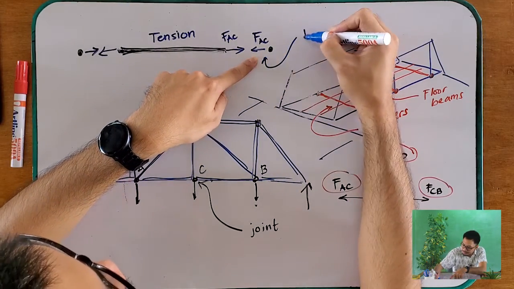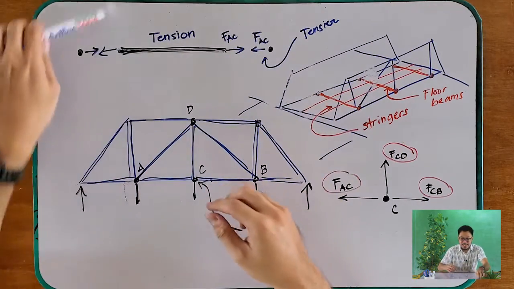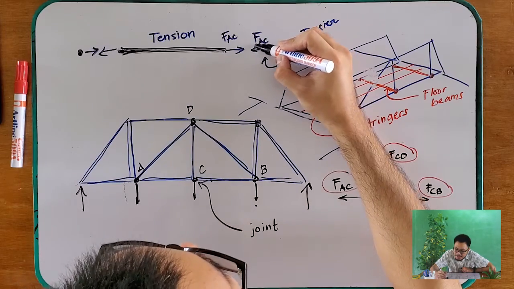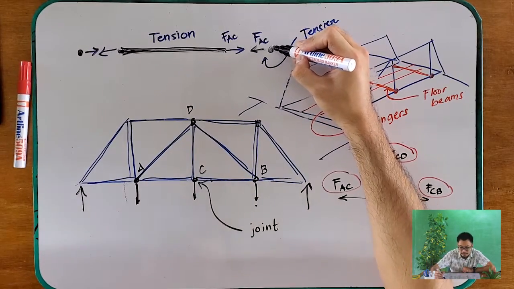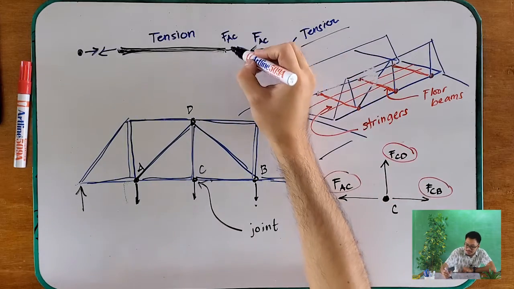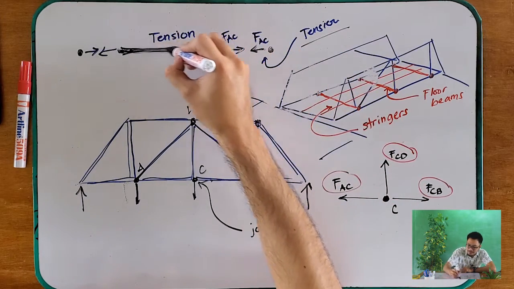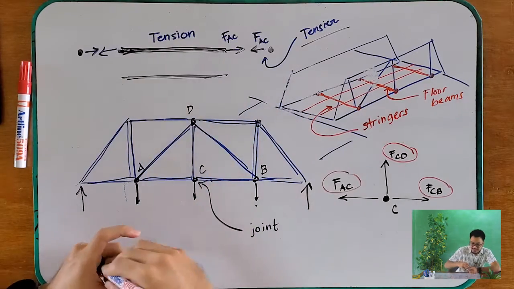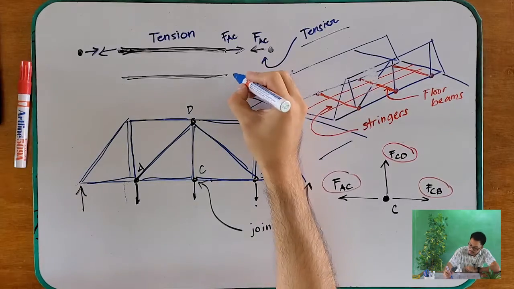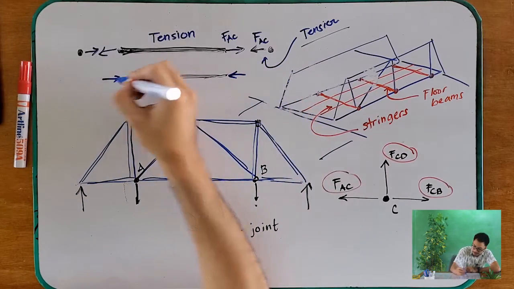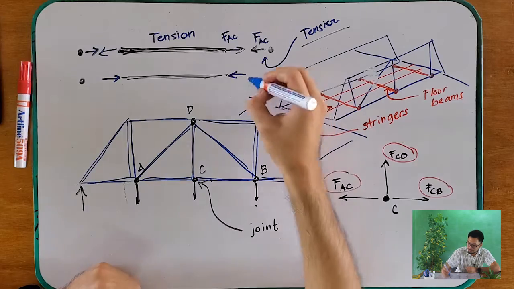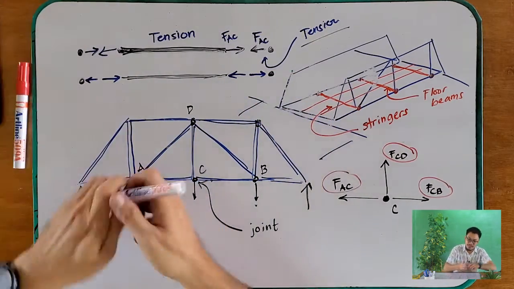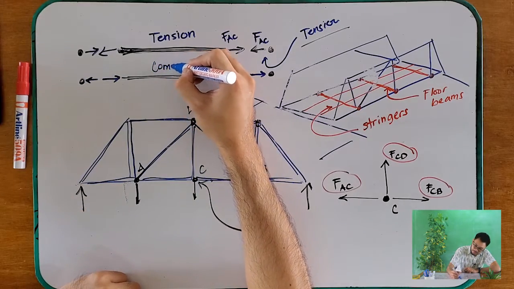Kani siya, nagka-tension ni siya. Tension gyapon na siya. Anong tension man na siya? Okay, imagine ha, kung ang direction sa imong arrow is away from the pin, that is tension. Or if ang direction sa imong arrow is away from the member, that is tension. Pero, kung ang direction sa imong force is padung sa imong member, or padung sa imong joint, then this one is in compression. Okay?